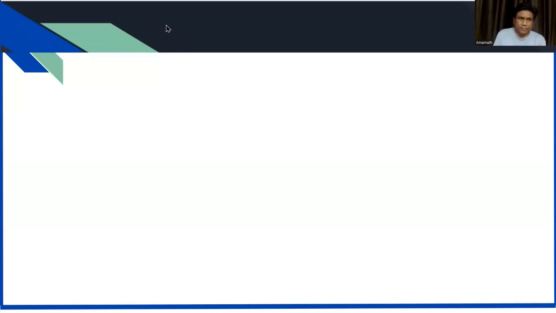Maximum frictional force is nothing but F max. This is also called limiting friction. We'll do some questions on that limiting friction.